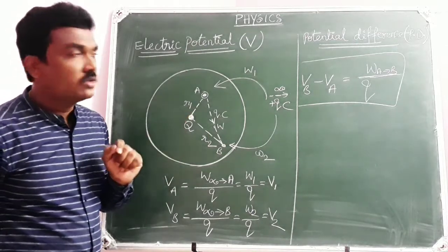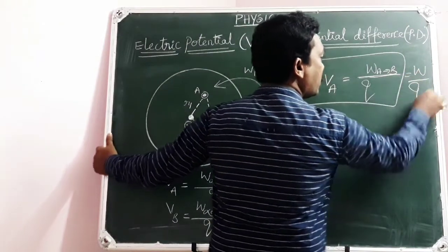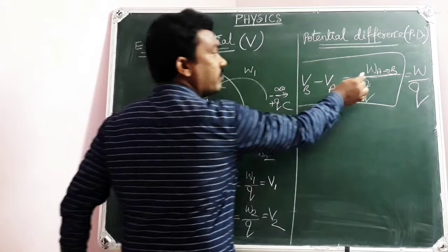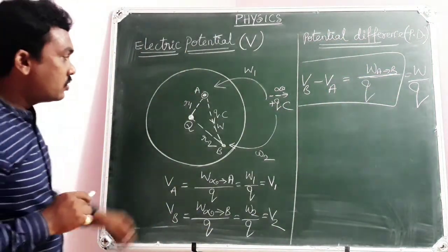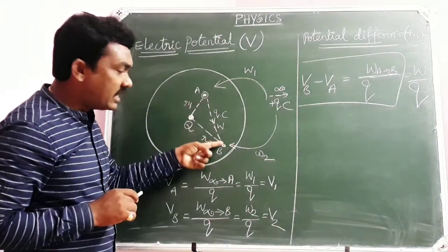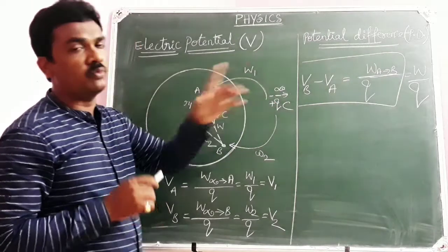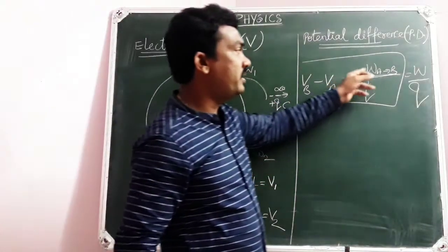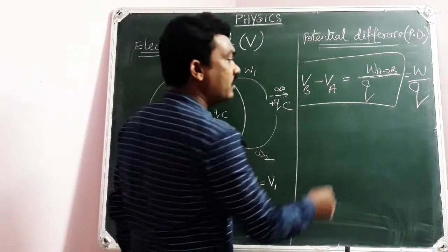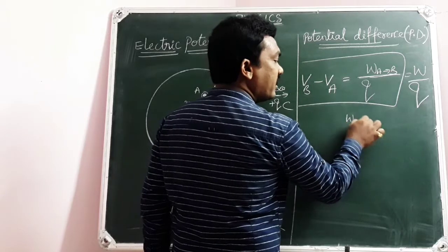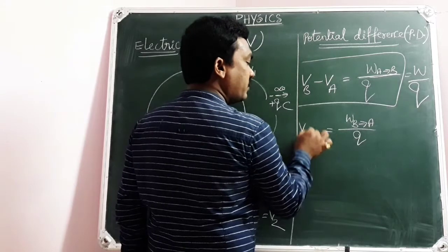W by Q. So W by Q is the amount of work done per unit positive charge to carry from A to B. That work done per unit charge to displace between 2 points in the electric field is defined as the potential difference between the 2 points. So work done from A to B per unit positive charge is written as VB minus VA. For example, work done from B to A per unit positive charge will be the potential difference, that is VA minus VB.